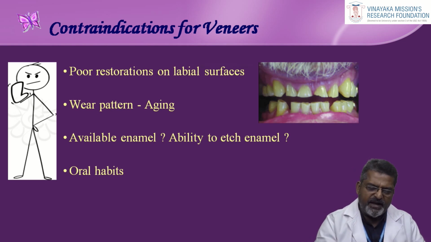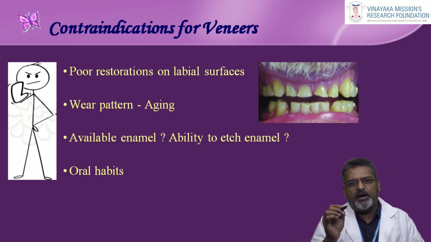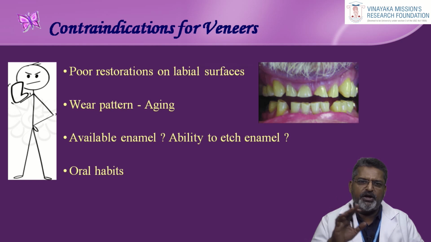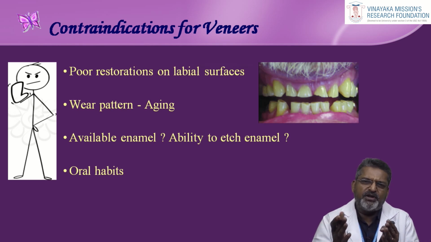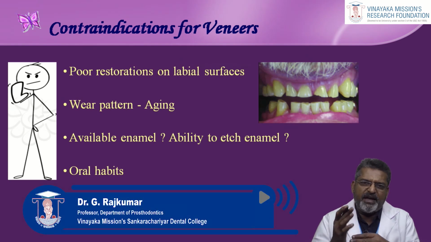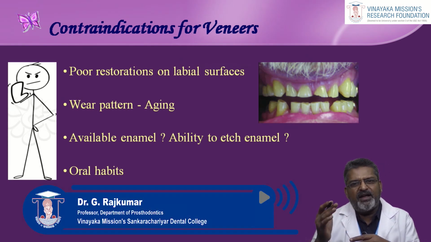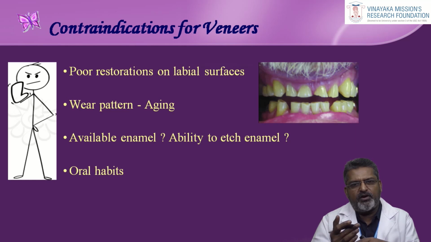And next is aging. As you all know, as the age advances, the enamel is going to thin out. If the enamel thins out, the surface area or the bonding between your resin, in between the veneer and the tooth, is going to come down. So the wearing pattern, that is aging, is going to create thinning out of your enamel.